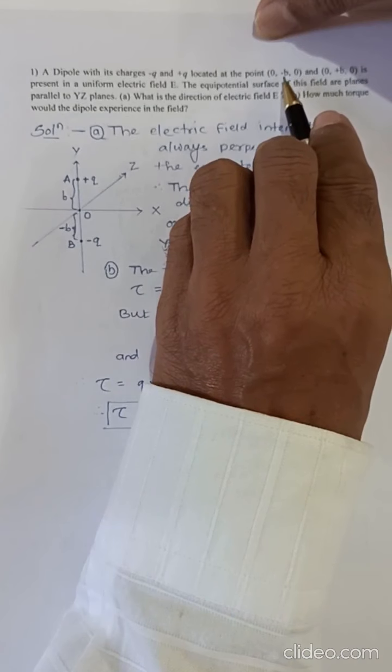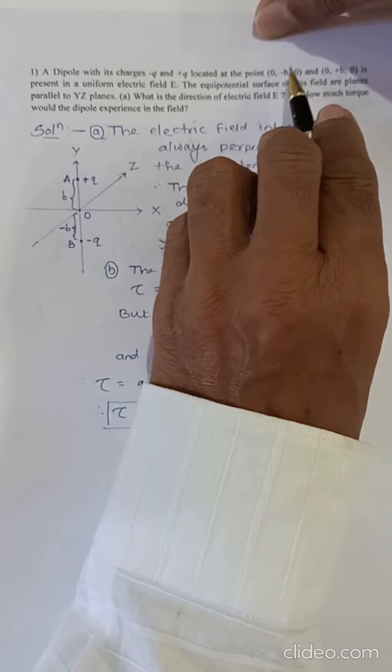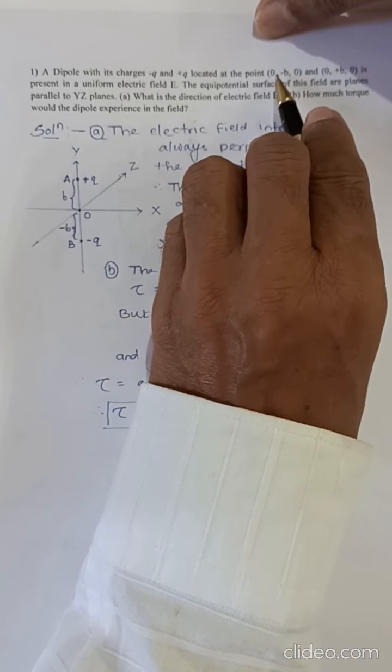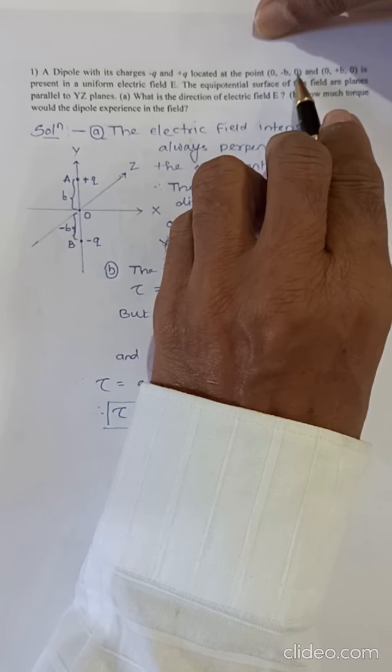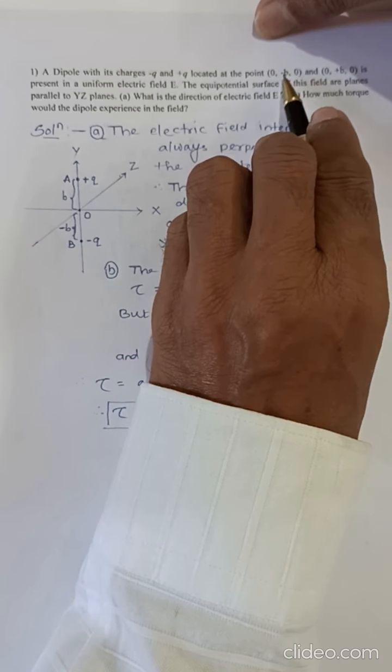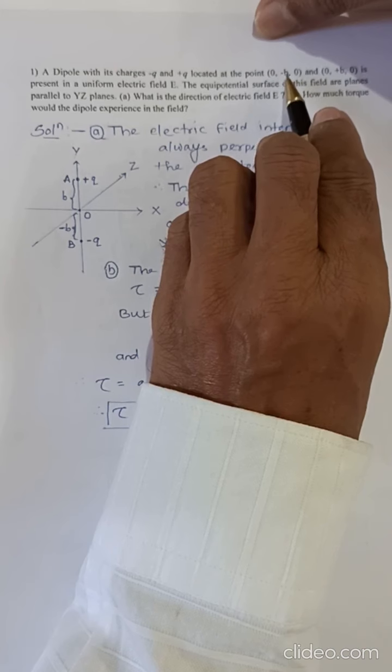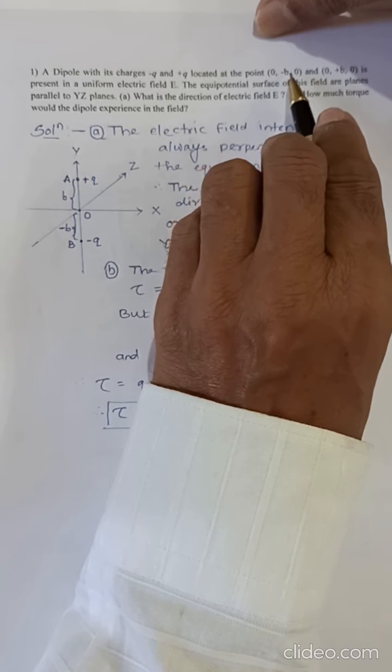Now look at the coordinates. In the first coordinate, the x and z coordinates are 0. Only minus b is the coordinate along the y axis.